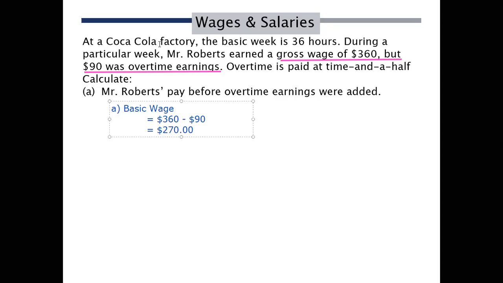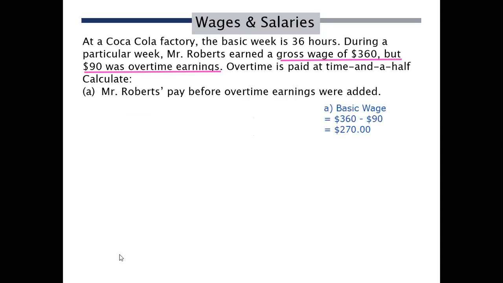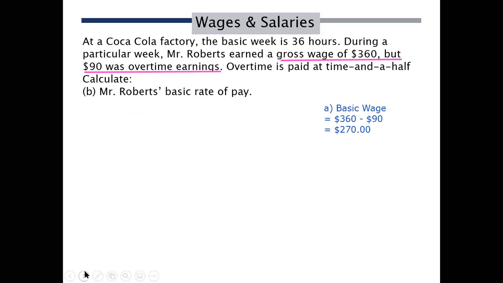Alrighty, let's move on to part B. Part B says, calculate Mr. Roberts' basic rate of pay. Okay, well, I already know how much he's paid for a basic week. For a basic week, according to question A, he made $270.